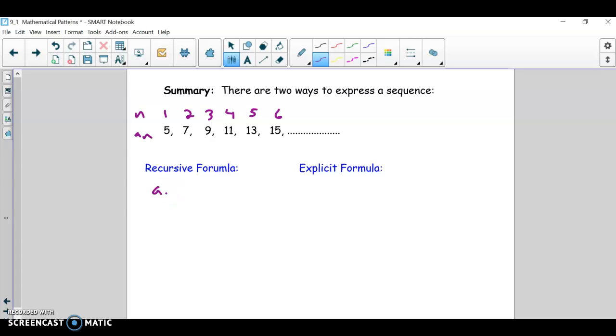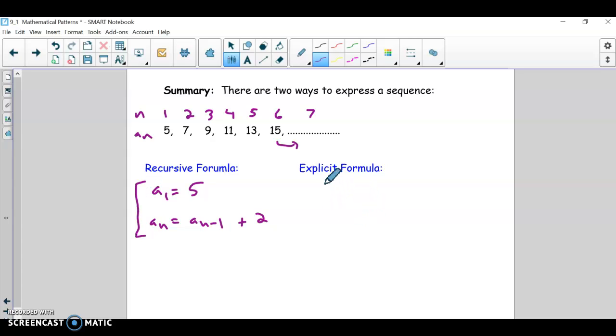You just say my first term is 5, and then you do a sub n, and over here you always use the previous term, which is n minus 1. To get the next term, say the 7th term, I just have to take the 6th term and add 2. That's basically the right formula.